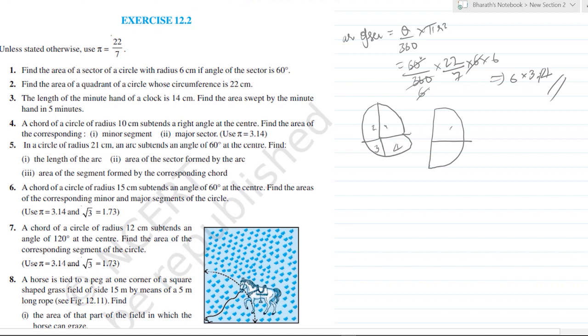So here this makes a 90 degree angle and the total circumference of the circle is 22. So 22 divided by 4 is our one quadrant area. Fine.